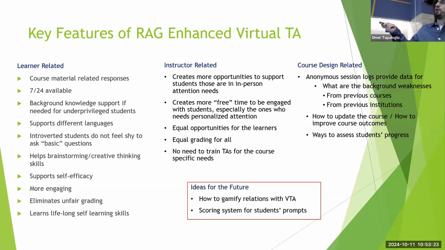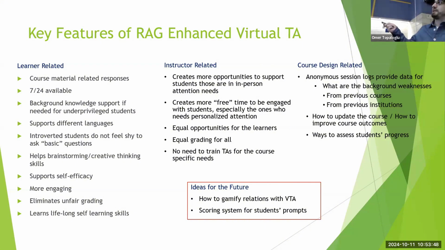So in the learner perspective, they have this TA available. And if they need some background, they can use this system to educate themselves. And if they need this LLM for critical thinking, then they can also use it. So it is more engaging, and it answers most of the students' needs.